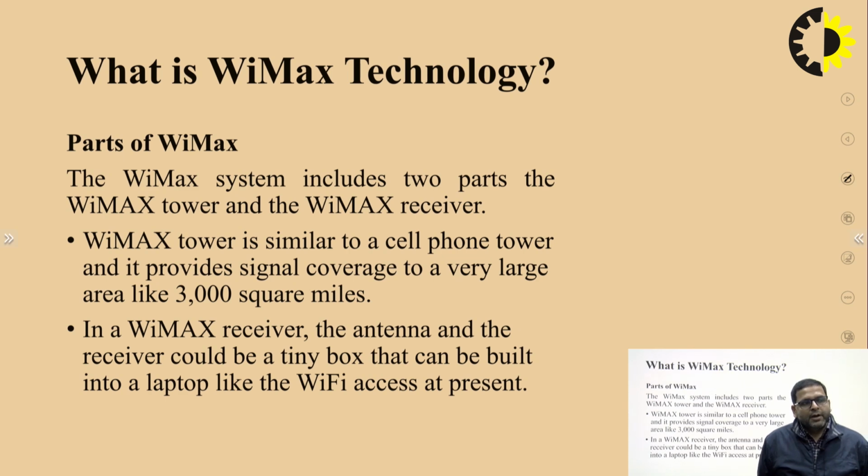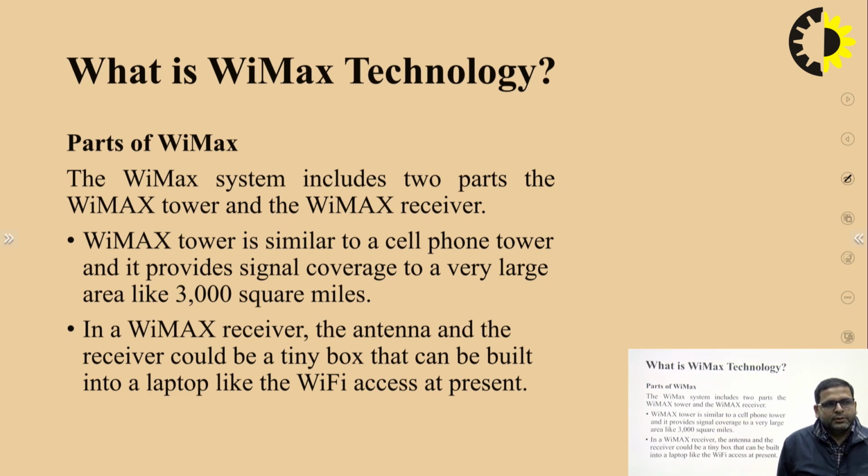So, the WiMAX tower has a larger coverage area as compared to Wi-Fi and Bluetooth. In a WiMAX receiver, an antenna and a receiver are used, sometimes both built in together, sometimes different, and it is usually mounted on the roof to provide the connection with the WiMAX tower.